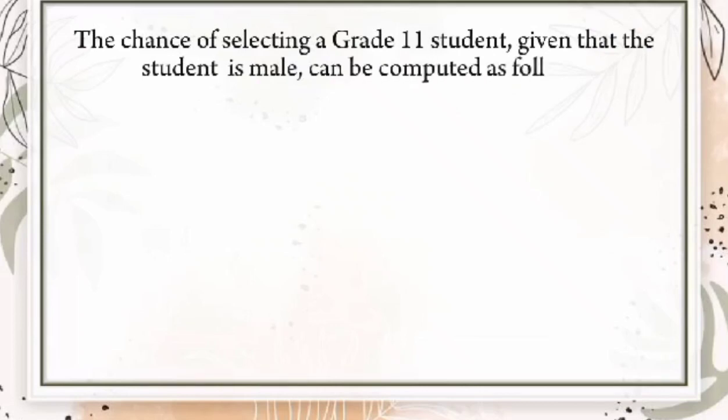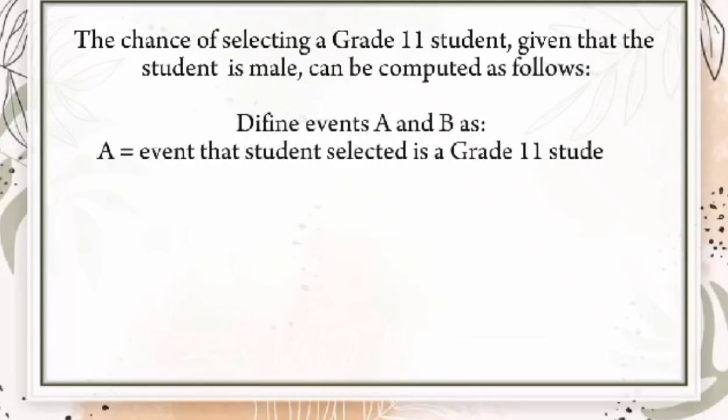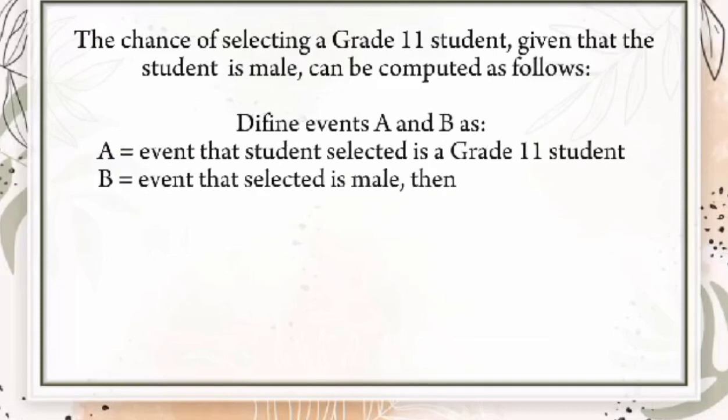The chance of selecting a grade 11 student given that the student is a male can be computed as follows. Define events A and B: A equals the event that the student selected is a grade 11 student, B equals the event that the student selected is a male.